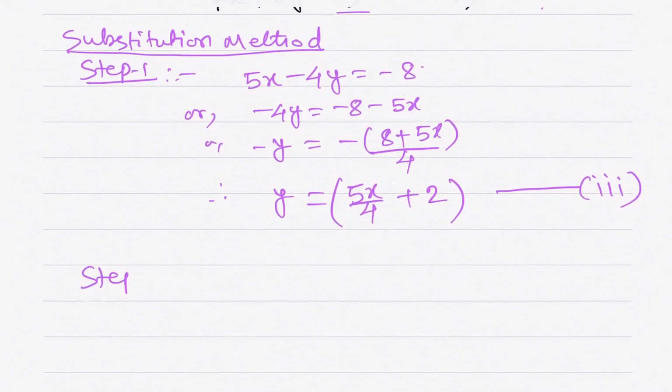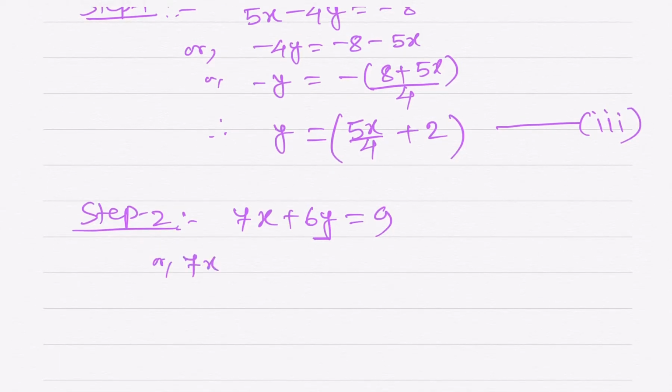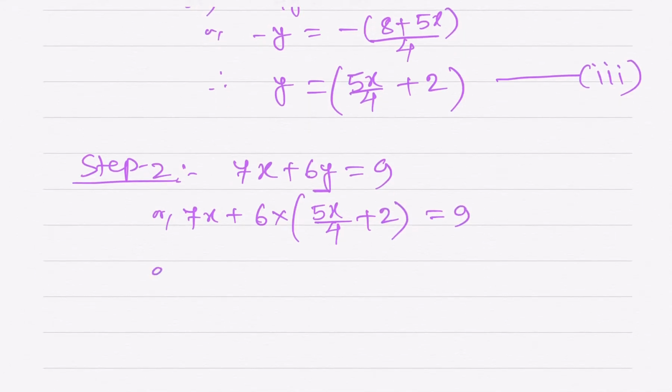Now step 2: substitute the value of y in equation 2. Our equation 2 is 7x plus 6y equals 9. So we substitute the value of y here: 7x plus 6 into 5x by 4 plus 2 equals 9, or 7x plus 6 into 5x by 4 plus 6 into 2 equals 9.